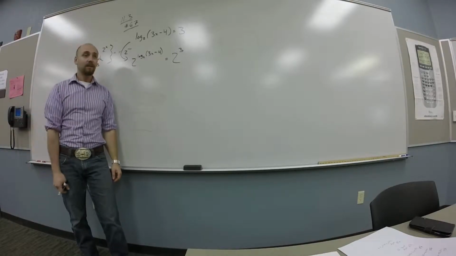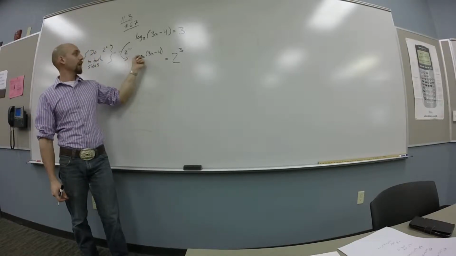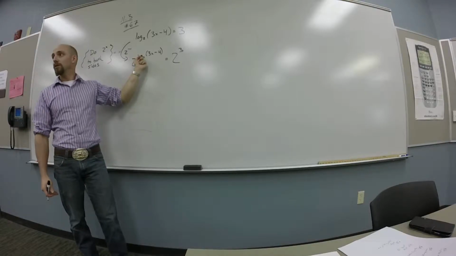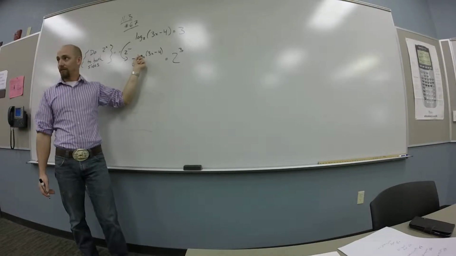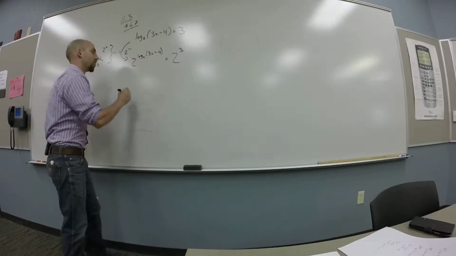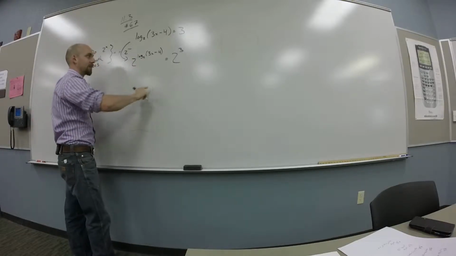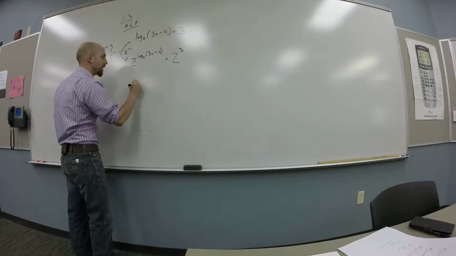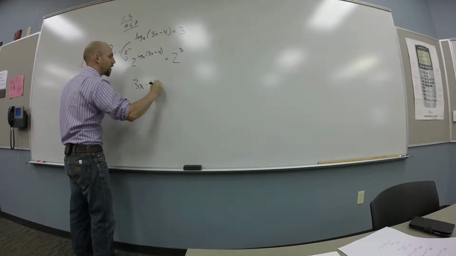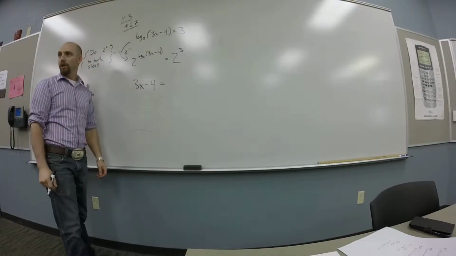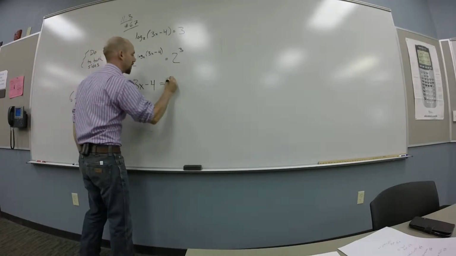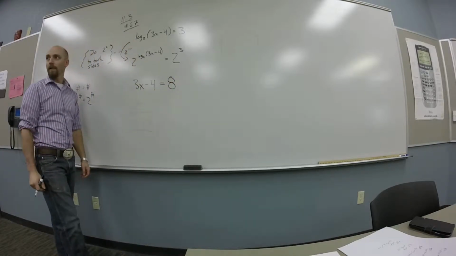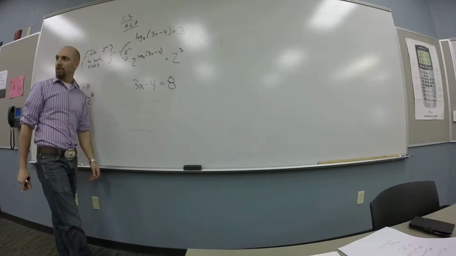Now I can say the 2 and the log base 2 undo one another, right? So what do I get here on the right-hand side? I just get the exponent. So I get 3x minus 4 is, what's 2 cubed? 8. And then this is easy to solve, right?